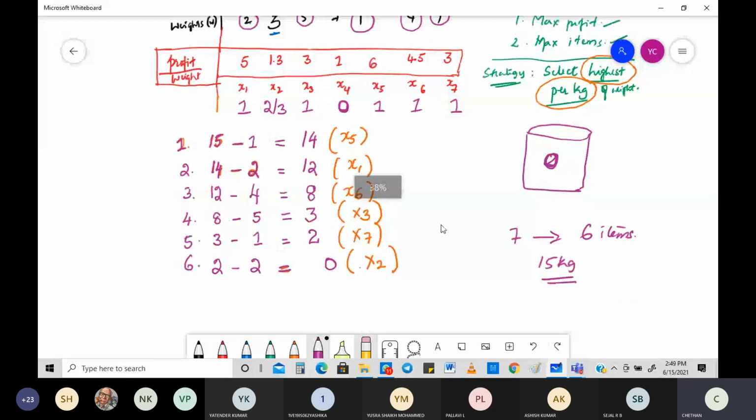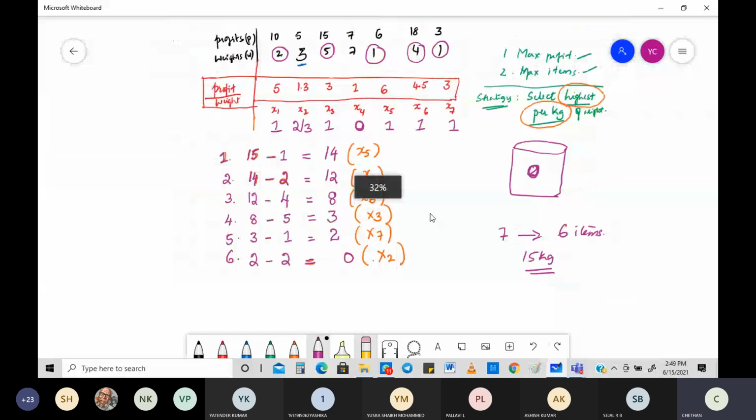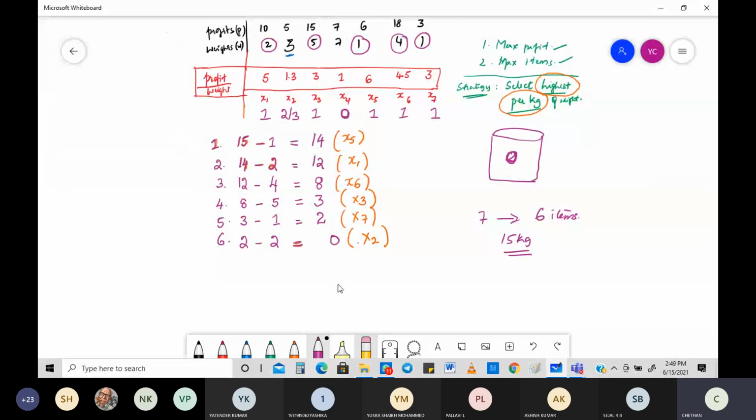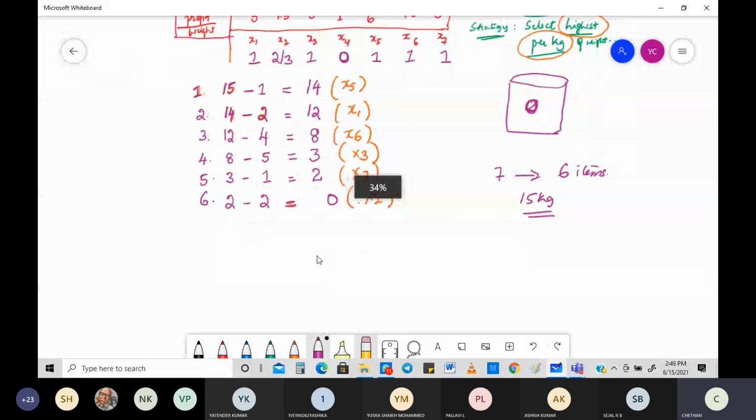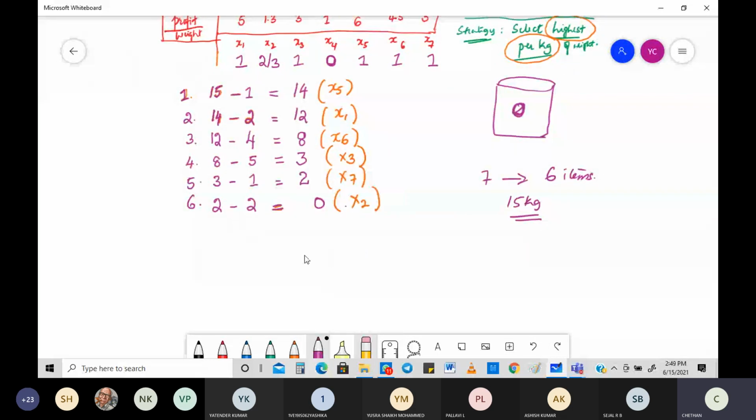So what is a way of figuring that out? What is a way of figuring out whether whatever you got is correct or not? First thing is we are going to check the weight and figure out whether that weight is coming correctly or not.